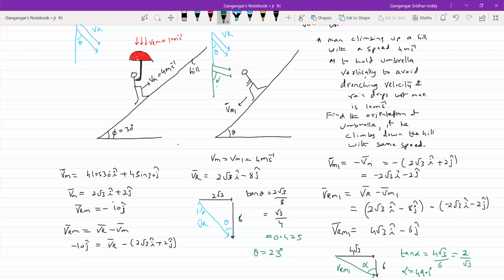Are you able to visualize that alpha is more than theta? And I should hold the umbrella against this. This is VRM1.